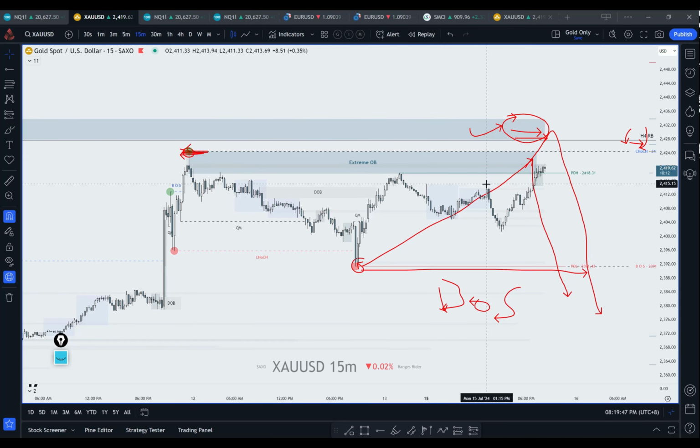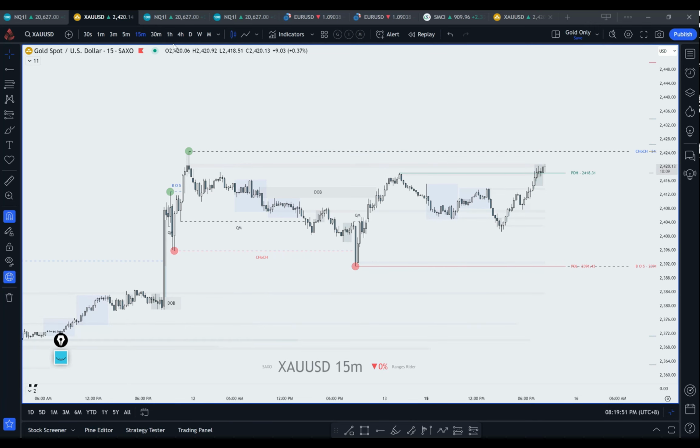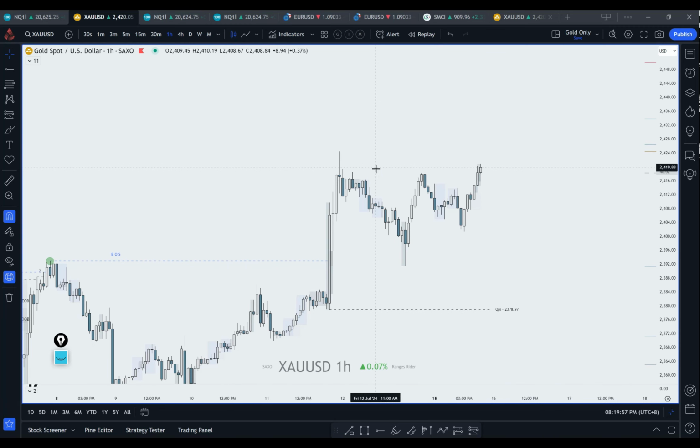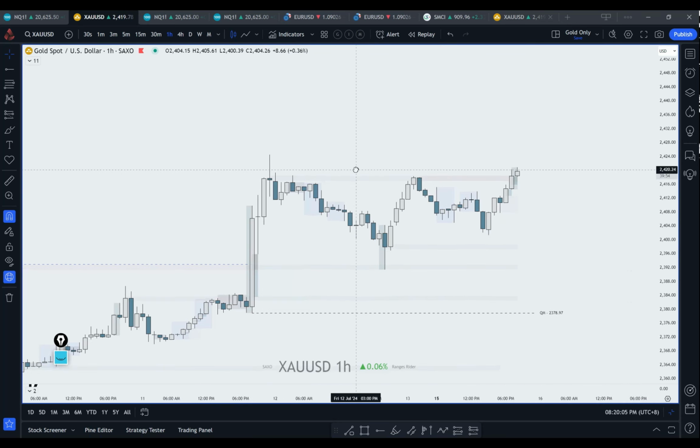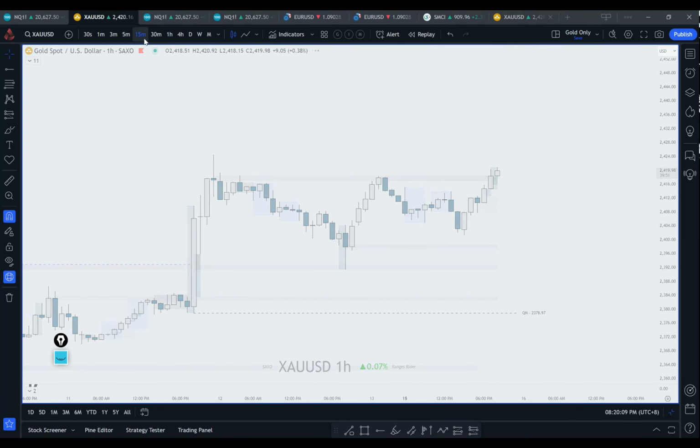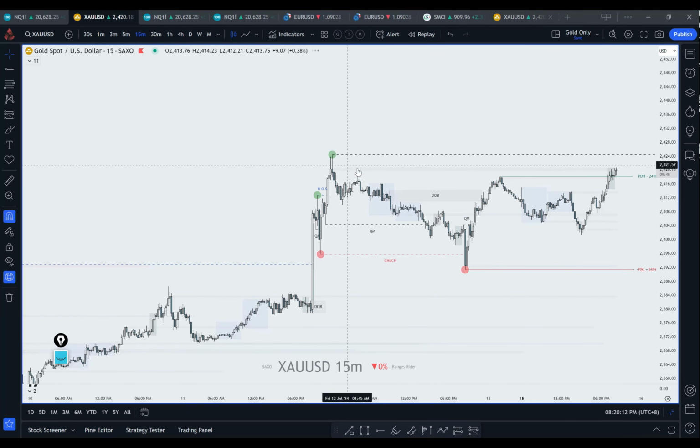And this one we need to check on the H1 time frame, the 15-minute versus the H1 time frame. No, I don't see anything on the H1 time frame except that one is the extreme.